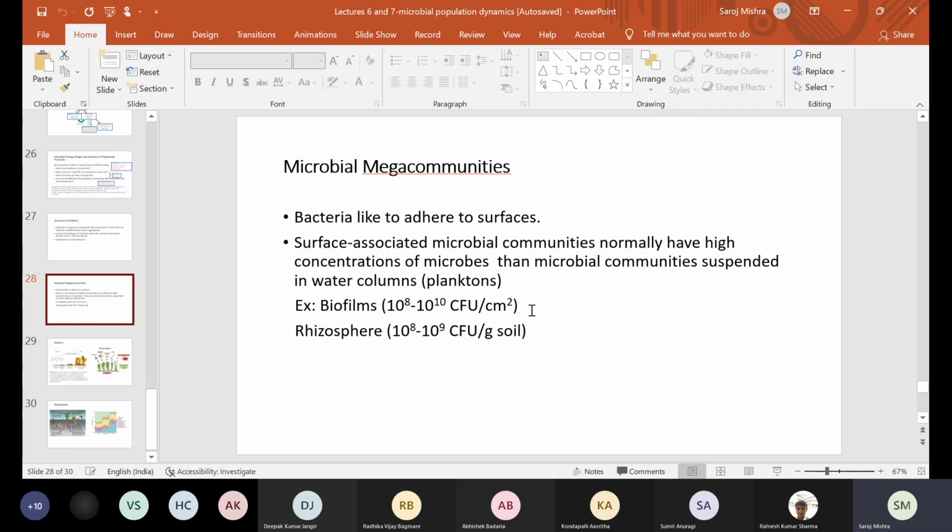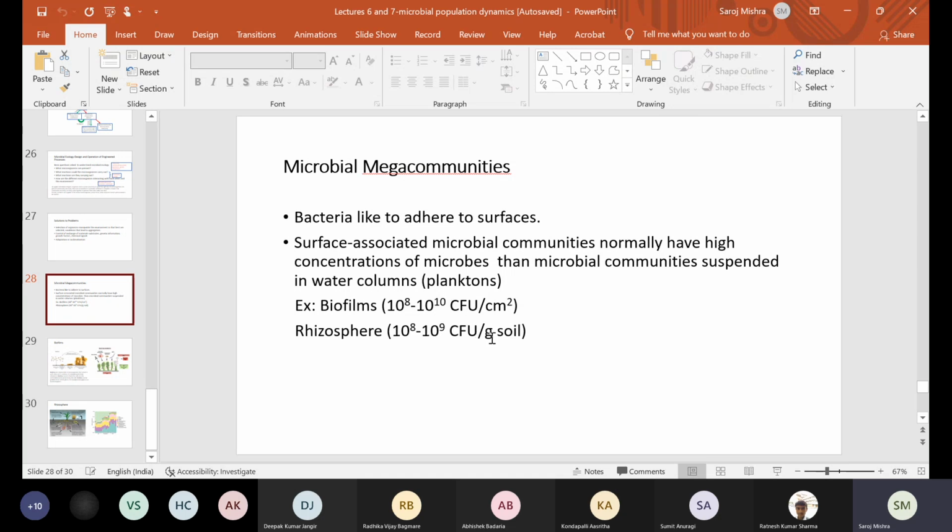Then you see the number of colonies. If you perform that experiment, the number of colonies you get out of 1 centimeter square of biofilm will be at least 10 to the 8 to 10 to the 10.